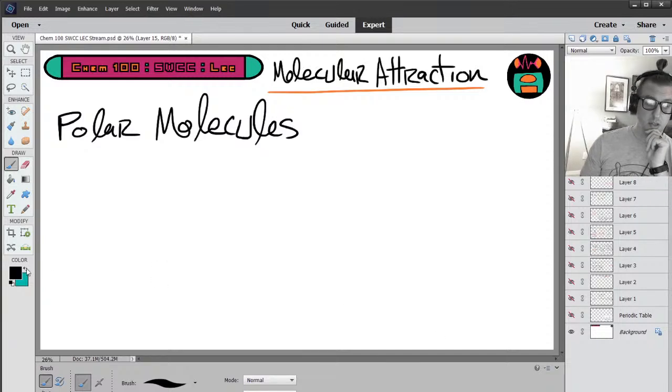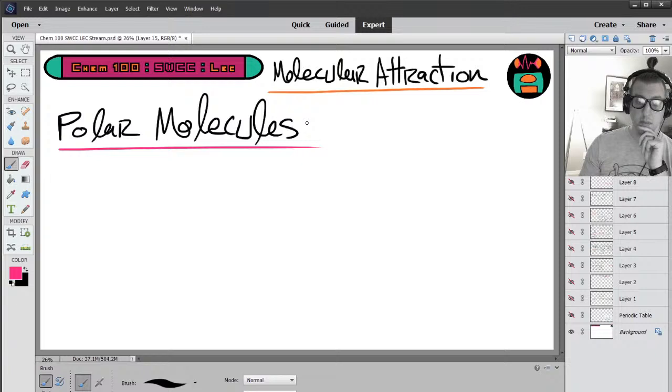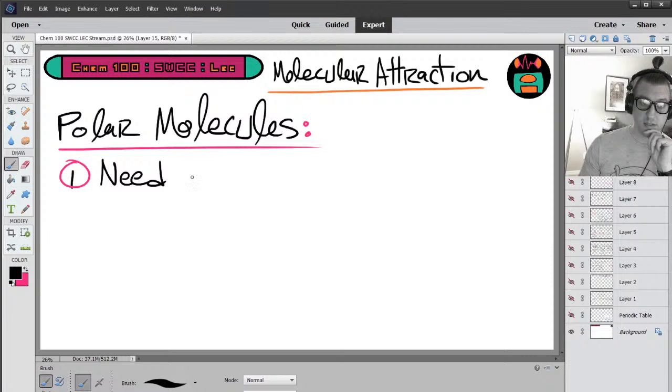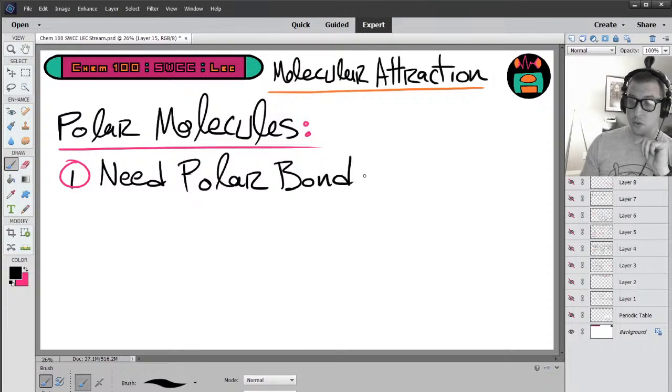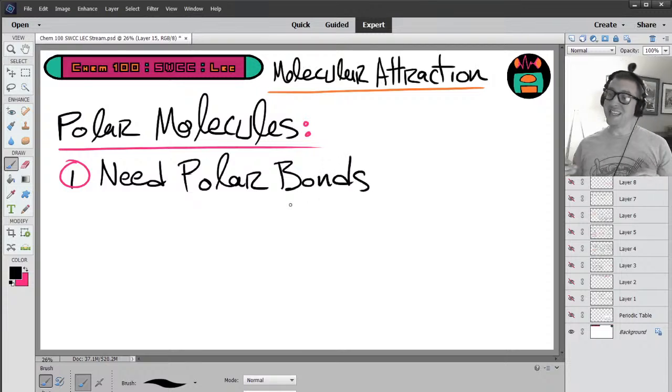There are 2 things that qualify a molecule for polarity. First, you need polar bonds. If your molecule has polar bonds, then it might be polar, but it doesn't guarantee it.